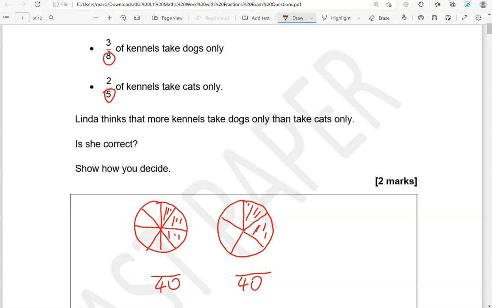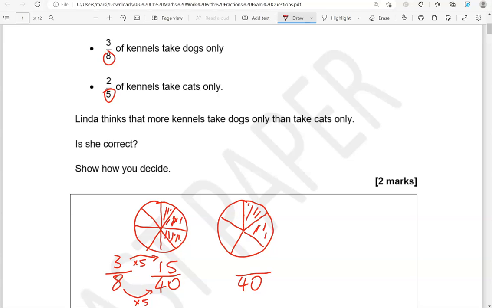So if I cut this into 40, then the highlighted area will be equal to 15. Because to get from 8 to 40, I've multiplied by 5. So to get from 3 to this number, I need to multiply by 5 as well. That's why it's 15.